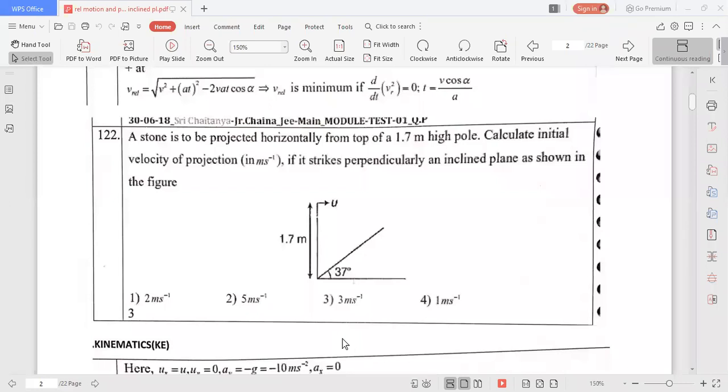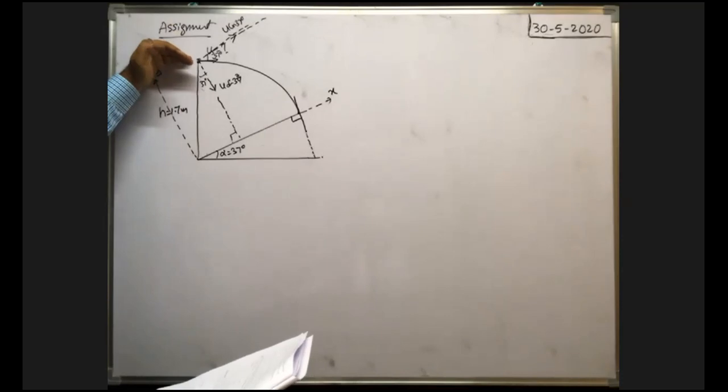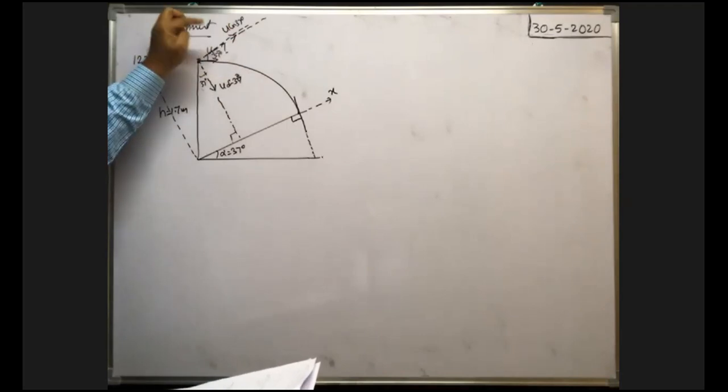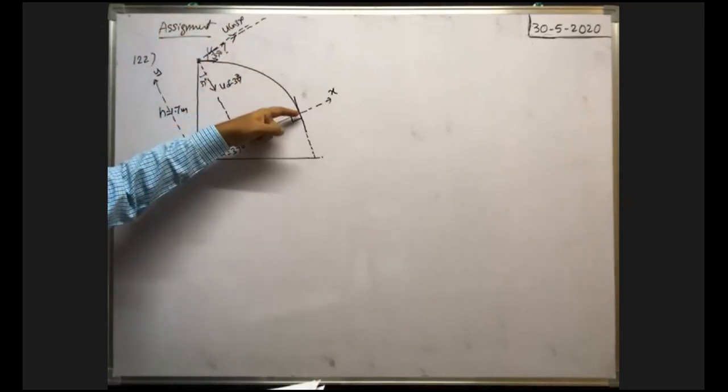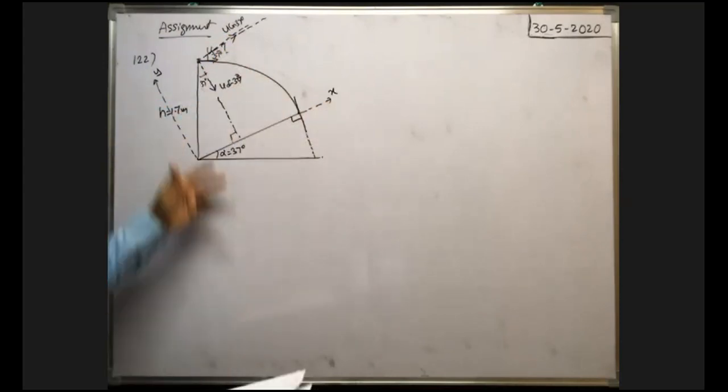Now, all of you look at the board. Along the x-axis, the initial velocity is u cos 37. But as it collides normally with the inclined plane, the velocity along the x-axis becomes 0 after this much displacement.